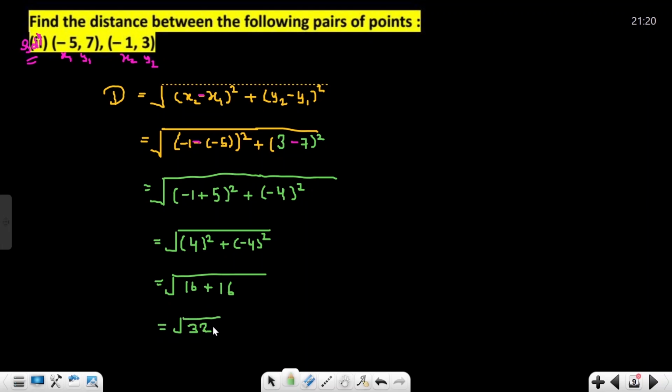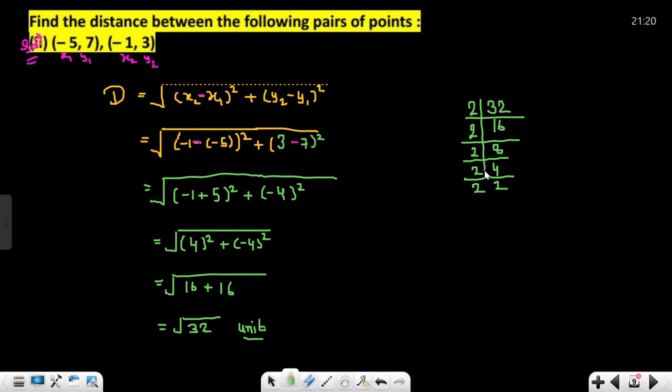Root 32. Unit. Distance comes here in units. Okay. If you want to simplify 32, factorize 32. 32 divided by 2, what do we get? 16. 16 divided by 2, what do we get? 8. 8 divided by 2, 4. 4 divided by 2, 2.